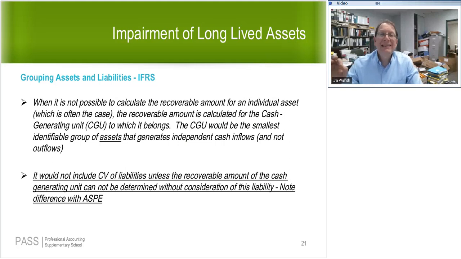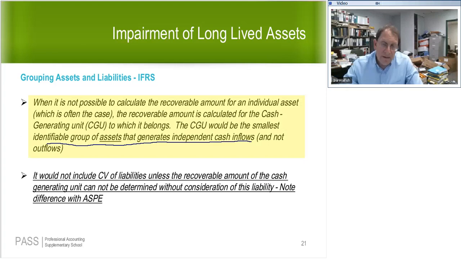IFRS has a little difference here. They give a name to the group. The name of the IFRS group is Cash Generating Unit, a CGU. It basically means the same thing. It's the smallest identifiable group of assets that generate independent cash inflows. And this is a little interesting. You're not supposed to include the outflows. Okay, fine.